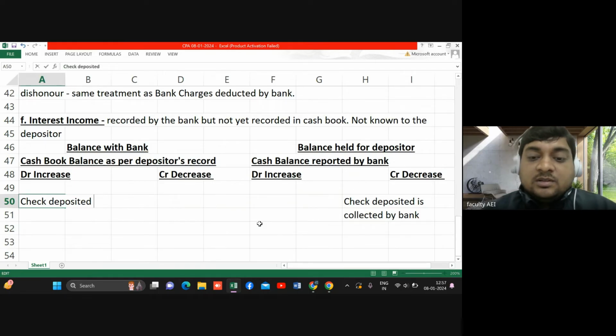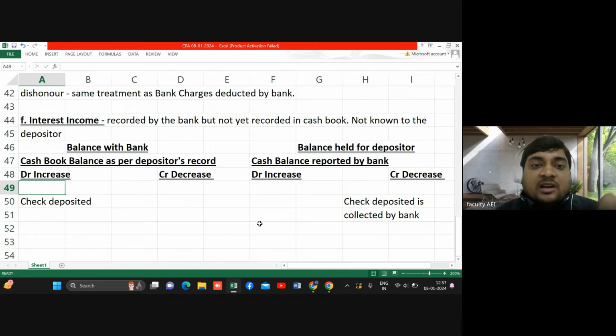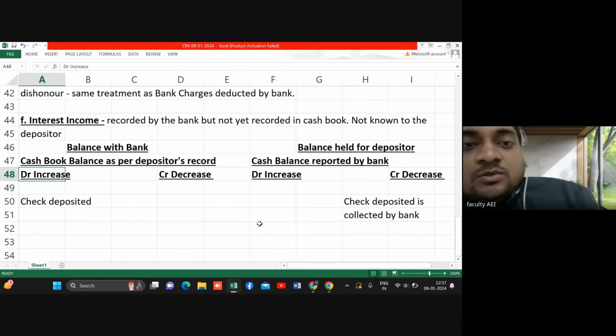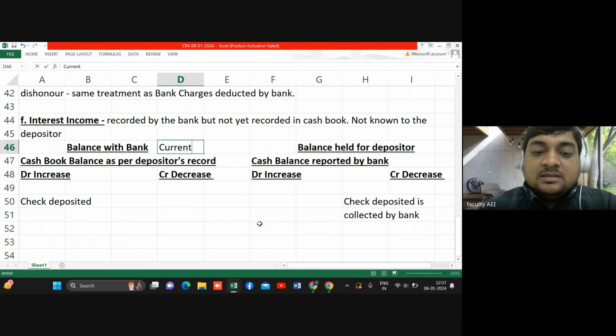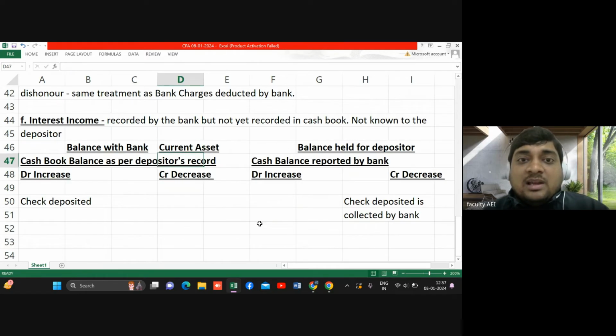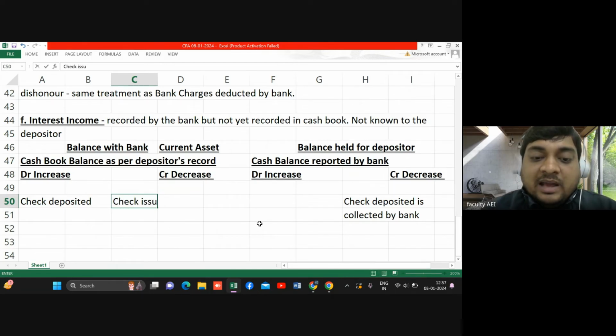Check deposited. So the moment I deposit with the bank, I will increase my depositor record. I will increase the bank balance, right? So this is a current asset, right? Balance with bank. This is a current asset for me, I'm only concerned about me, right? And then the moment I issue a check, I will decrease the bank balance, right?